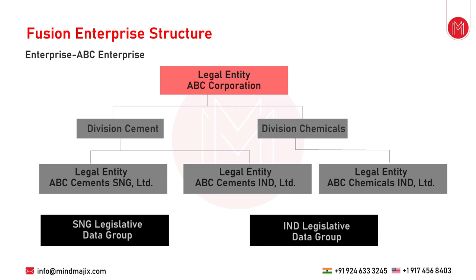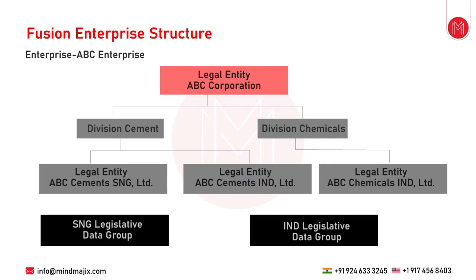Now let's say ABC Cement Singapore and ABC Cement India are legal entities, and ABC Chemical India is a different legal entity. Each country has different taxation. Although ABC Cement and ABC Chemical are completely different businesses, they are both based in India.